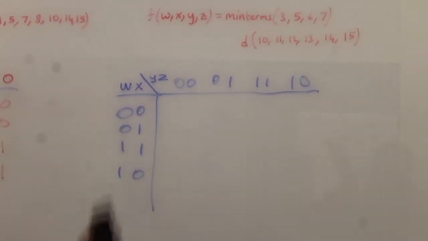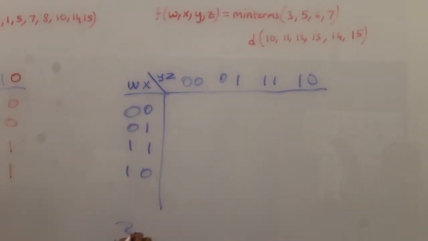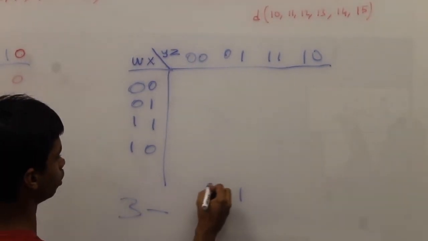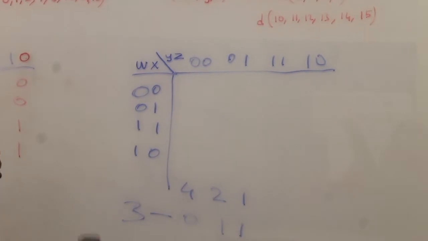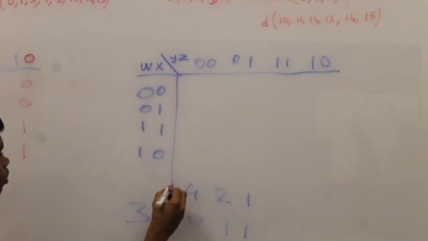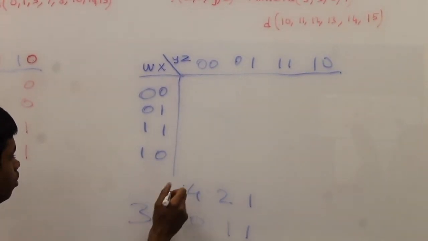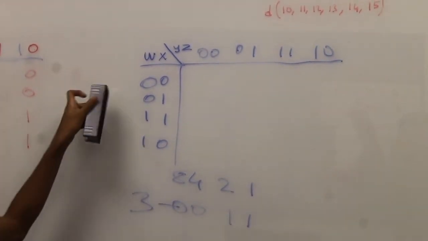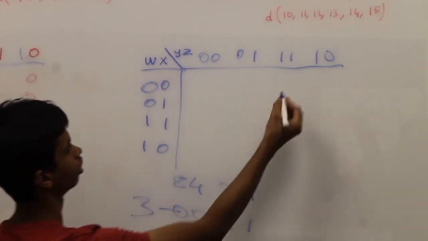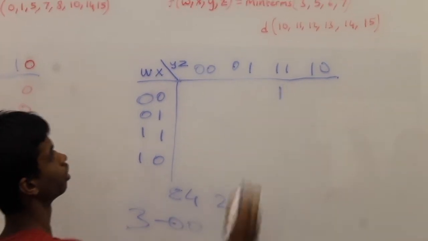So we have 3 as our minterm, which is 0, 0, 1, 1, and we can find 0, 0, 1, 1 here. So we have 3 here.